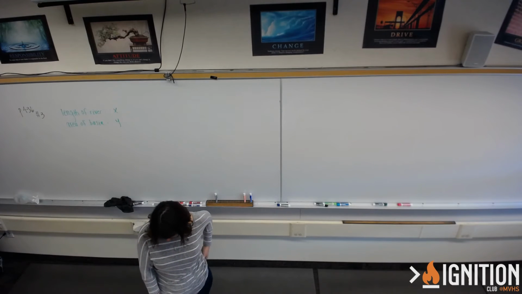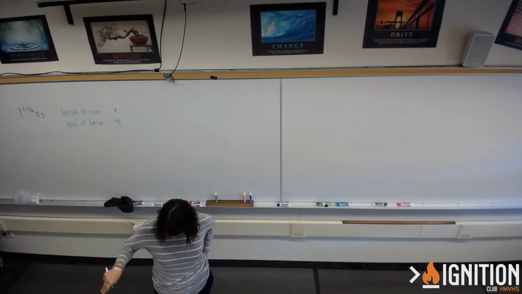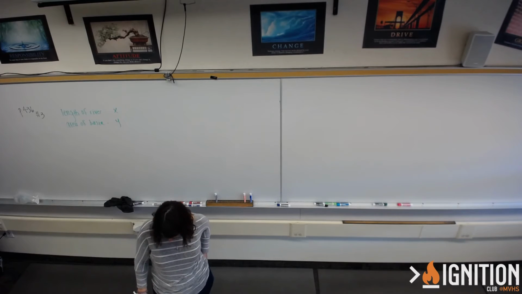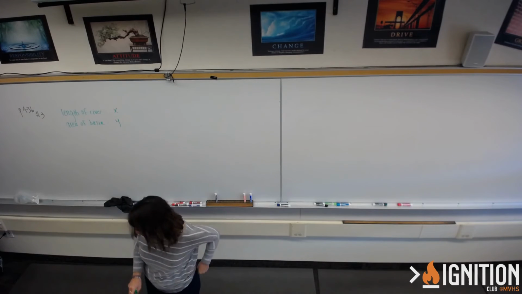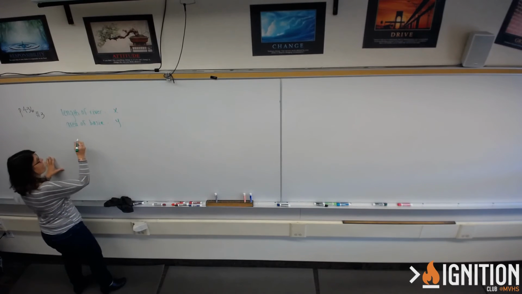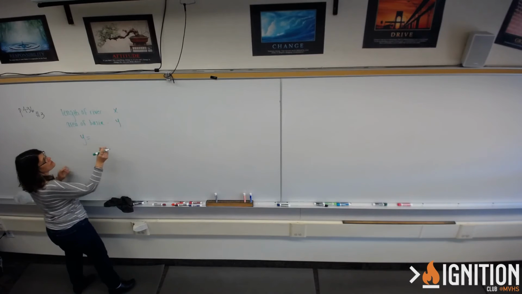From measurements on many rivers, geographers find that the length of a river that drains a particular basin is the length of the river. So X equals Y equals what?